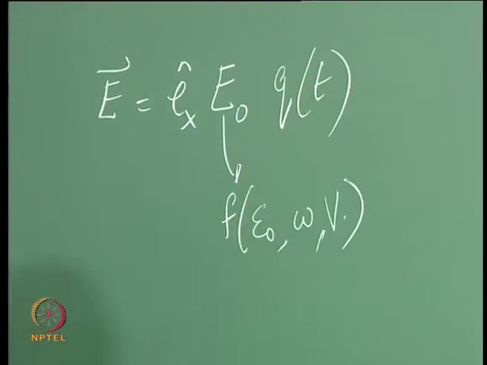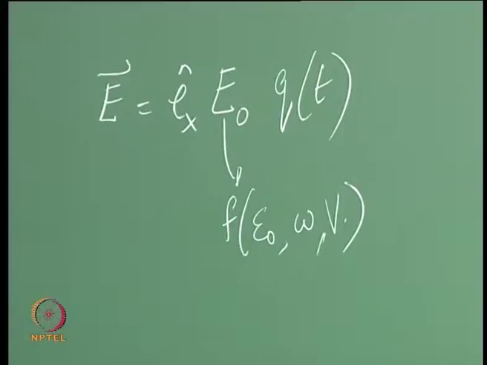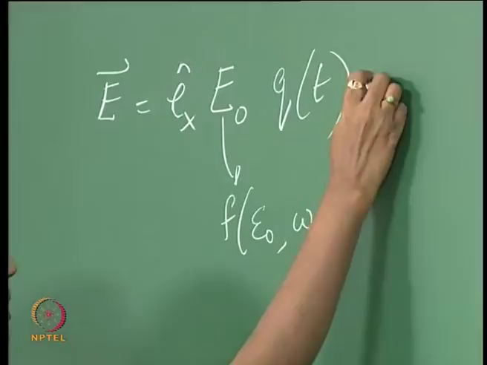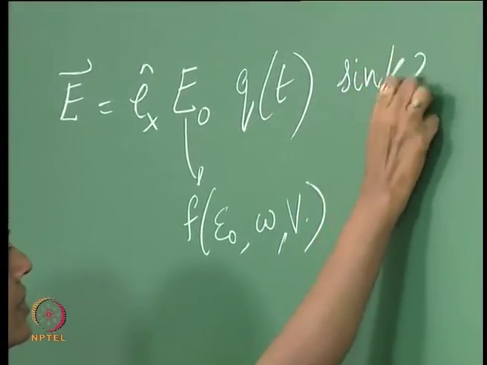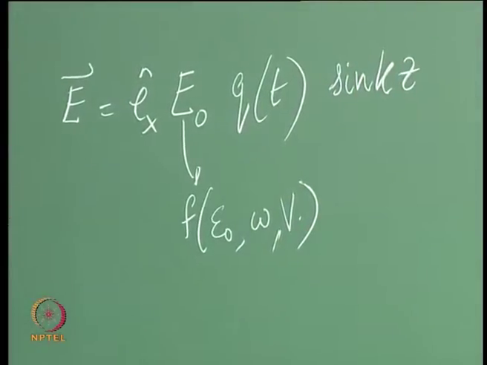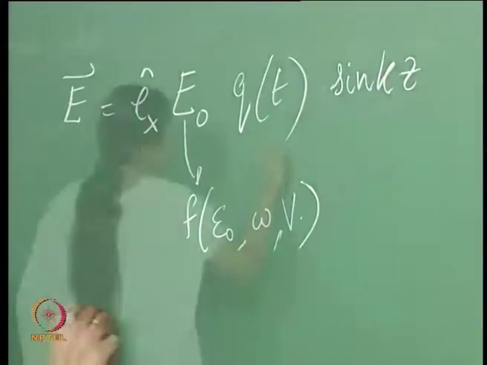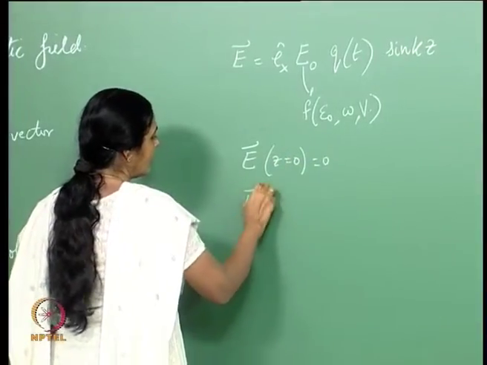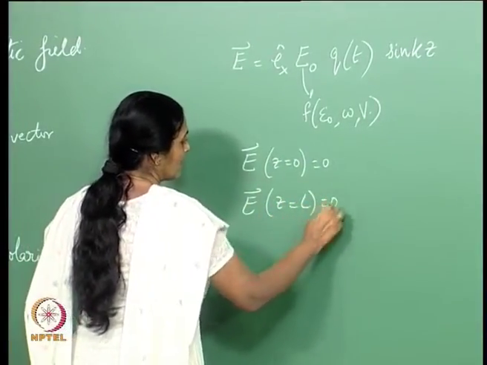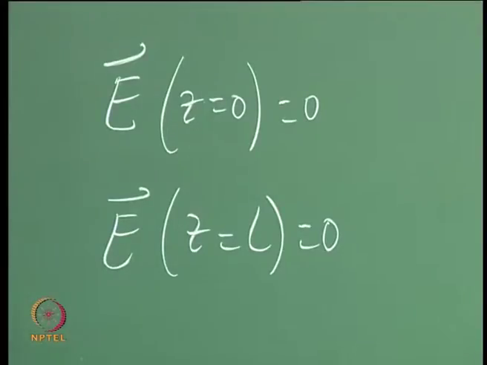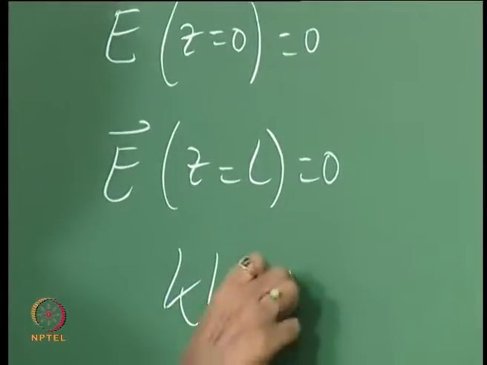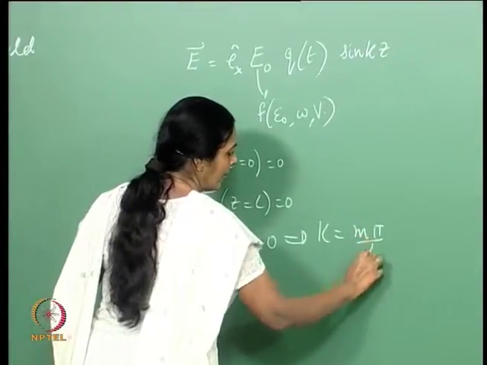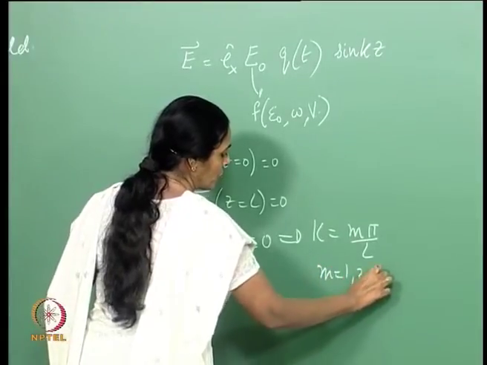Then there is some function of time, because the electromagnetic field evolves in space-time, and sin kz because of the boundary conditions, because the electromagnetic field at z equal to 0 is 0, and at z equal to L is also 0, which tells me that sin kL is equal to 0, and that quantizes K. So K is m pi by L, where m can take values 1, 2, 3, etc.